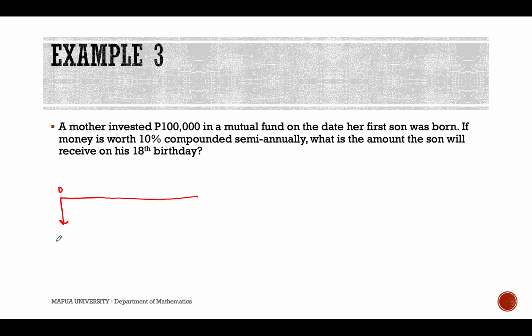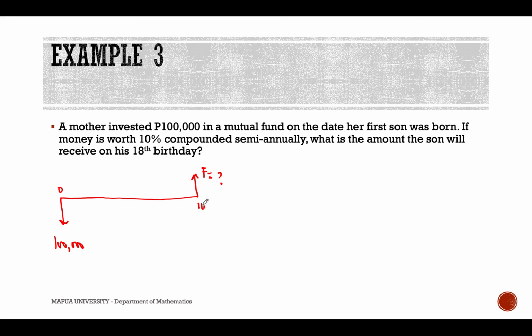So 100,000 is invested. So this is a present value, and then that will be withdrawn after 18 years. So that is a future value, which is what we want to know.